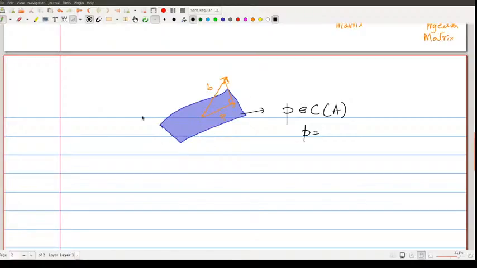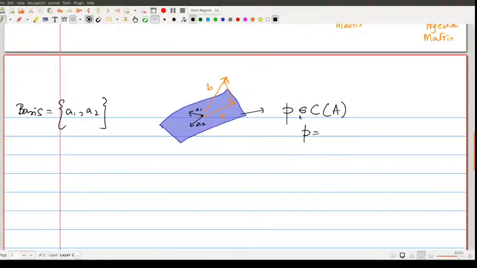I know that if it's a two-dimensional space, this is a plane, then of course it must be spanned by two vectors. So maybe there's a vector A1 here, and a vector A2 here, and let's say that the basis for this plane is given by A1 and A2.